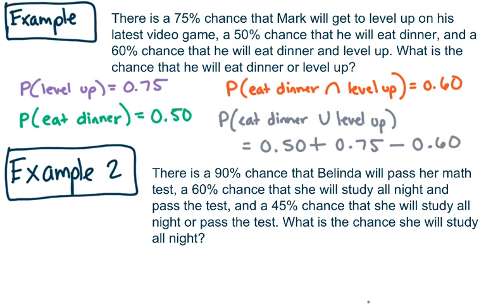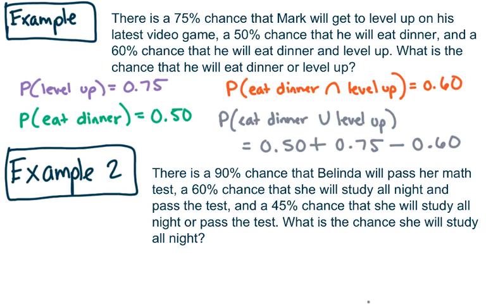So again, to find the probability of one or the other, you take the probability of one plus the probability of the other, so you add them together, but then you subtract out both. So that's that same formula from before, and then you can just plug that right into your calculator.